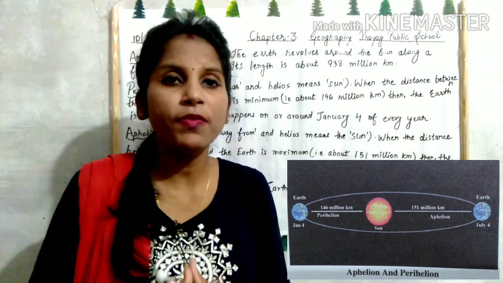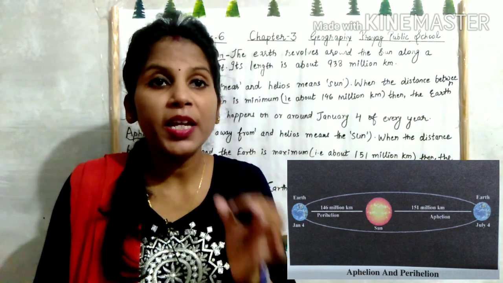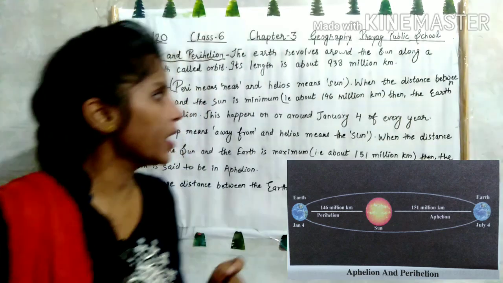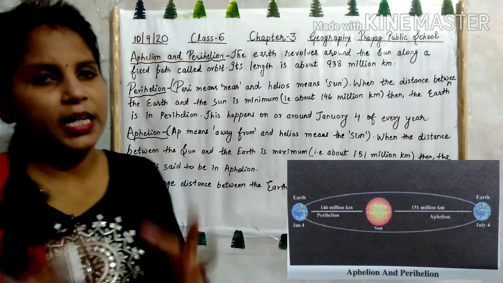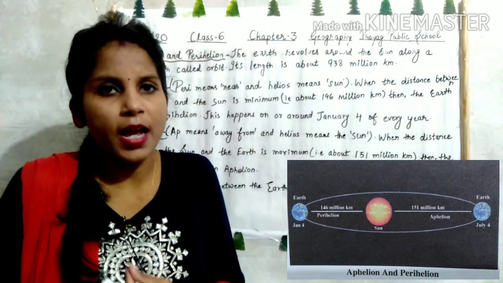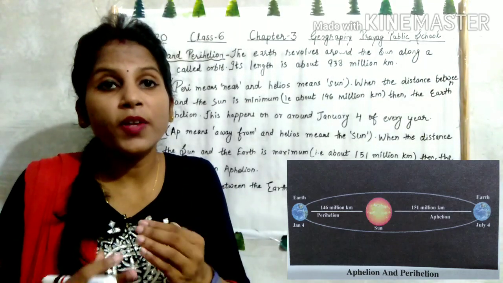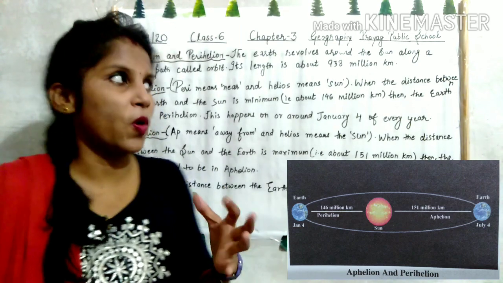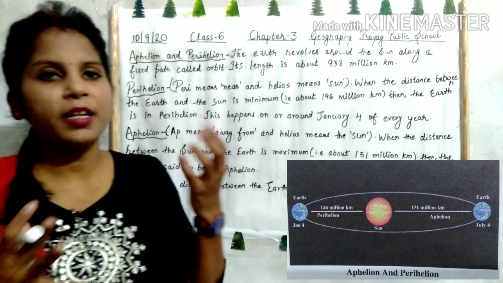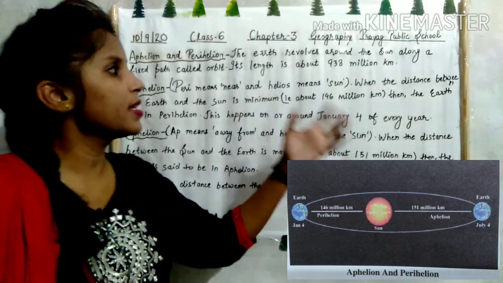Okay? Now we will study about aphelion and perihelion. First, perihelion. Peri means near and helion means sun. So when the earth is very near to the sun, that means perihelion. Peri means near यानी कि पास में, and helion means sun.